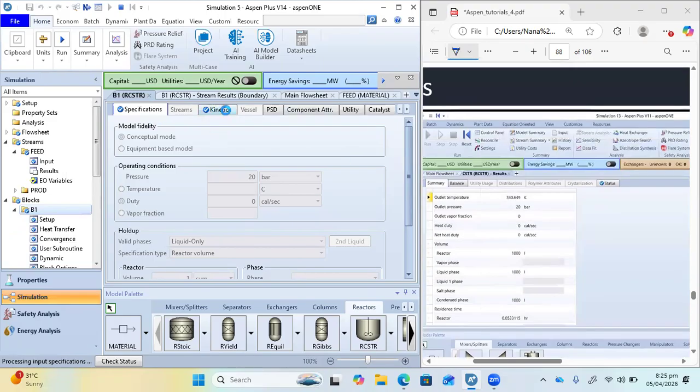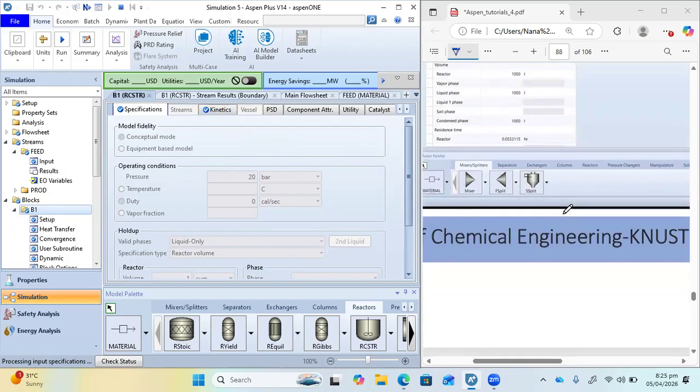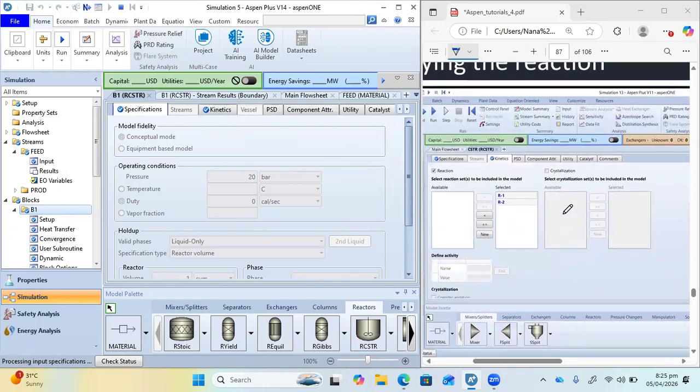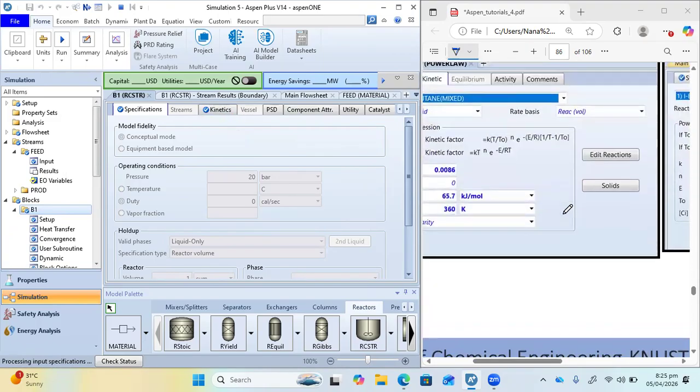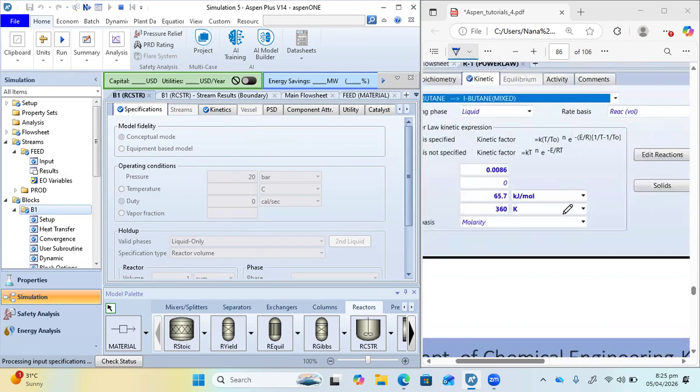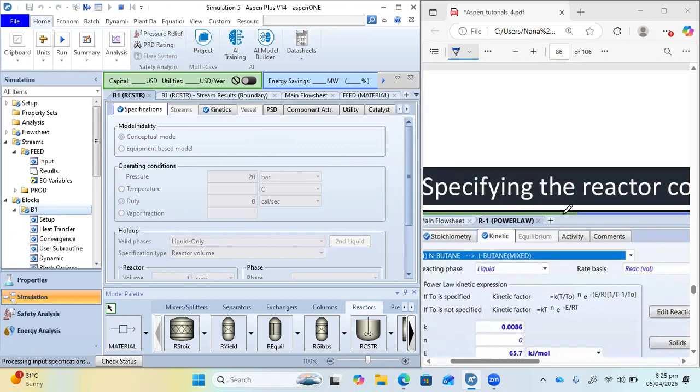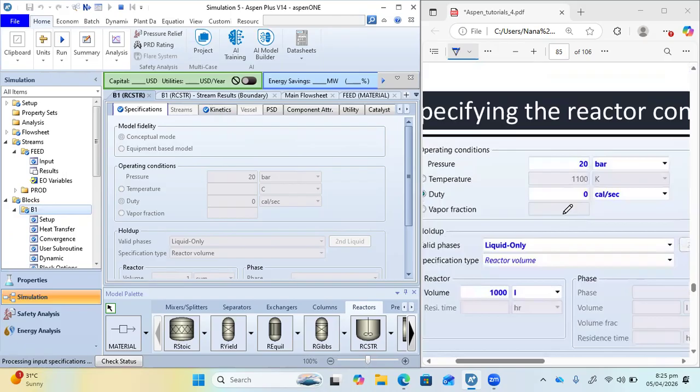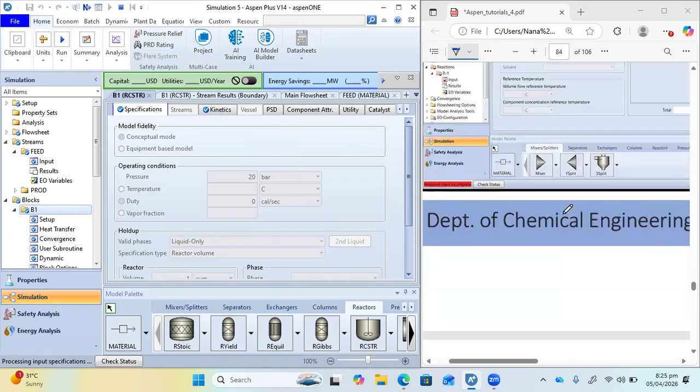Okay, let's give it some time to load and then we'll pick it from there. Everything is correct here.